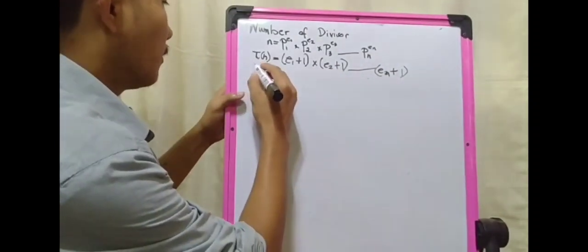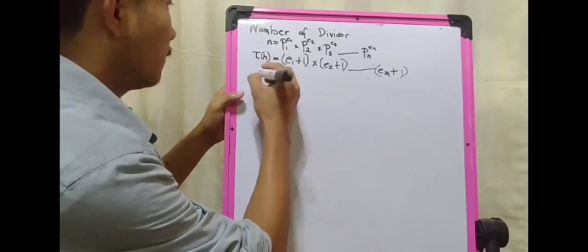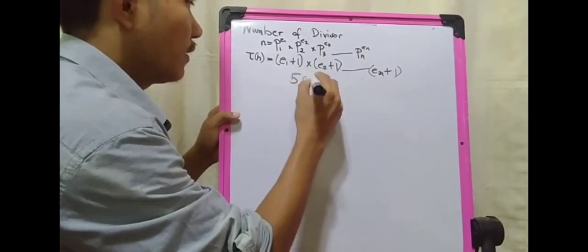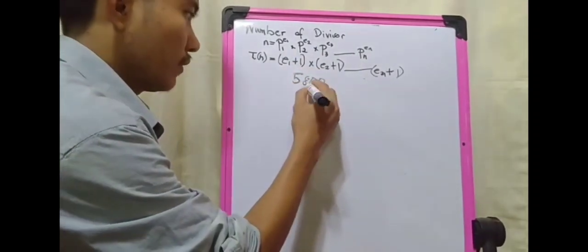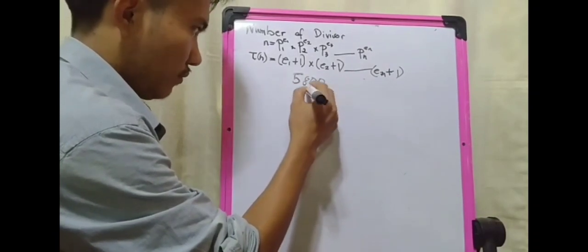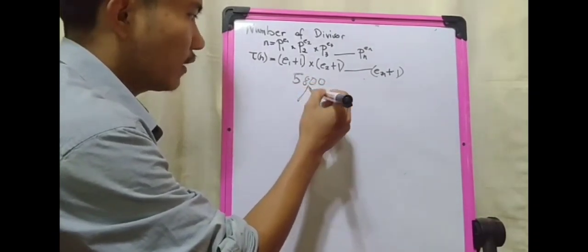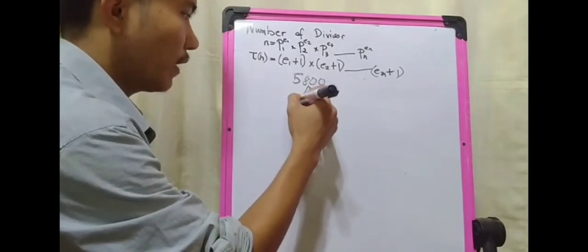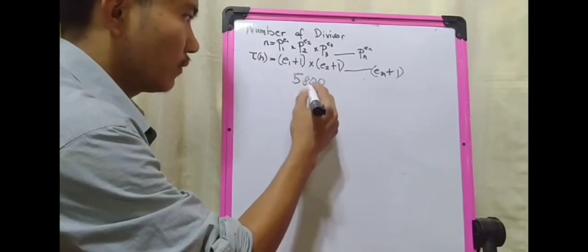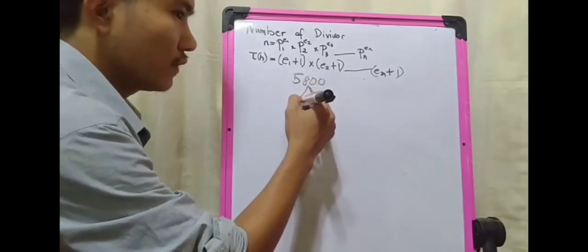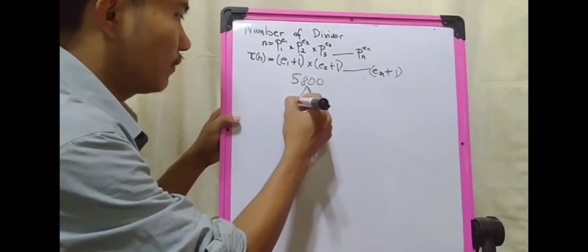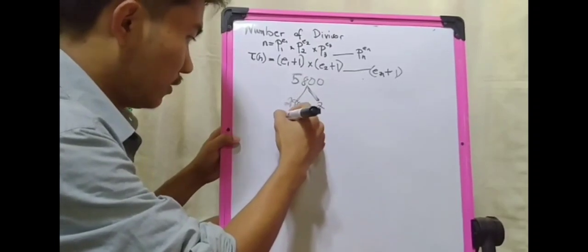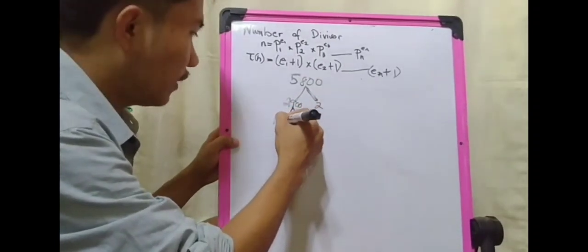For example, find the number of divisors of 5,800. In order to find its factors, we need to use the prime factorization method. 5,800 is 2,900 times 2, and this is 1,450.